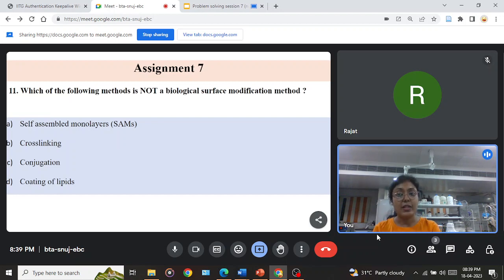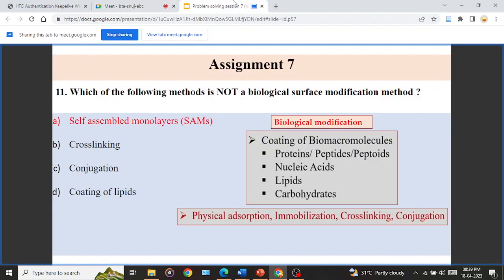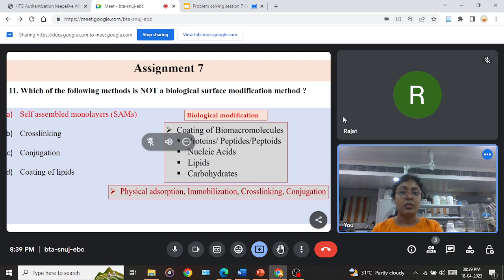So self-assembled monolayers is not a biological surface modification method, right? So option A is your correct answer. It is a chemical surface modification method and not a biological surface modification method.